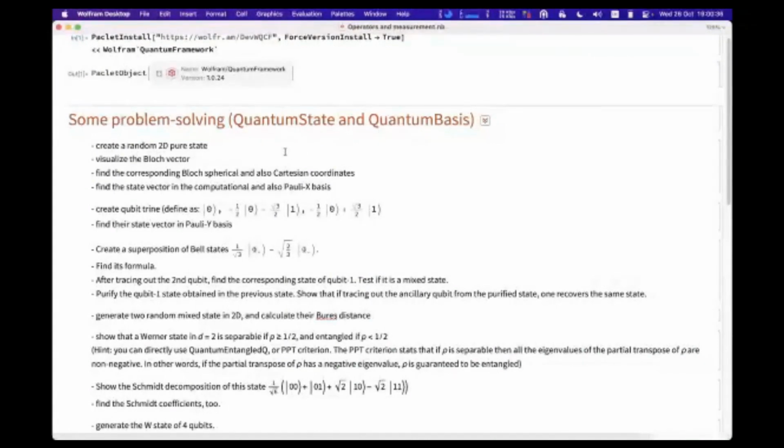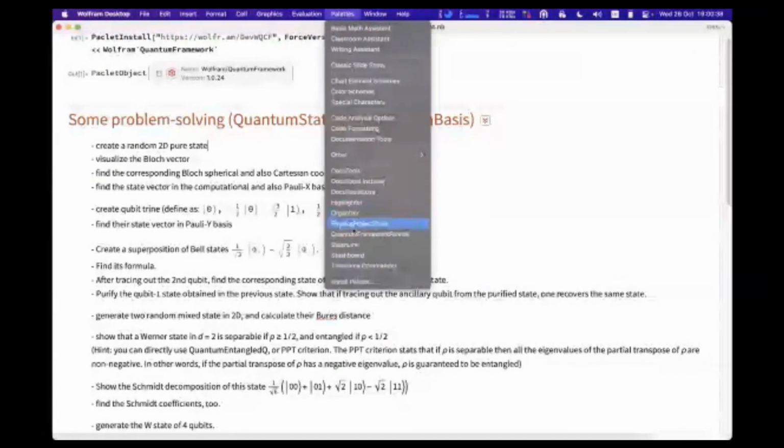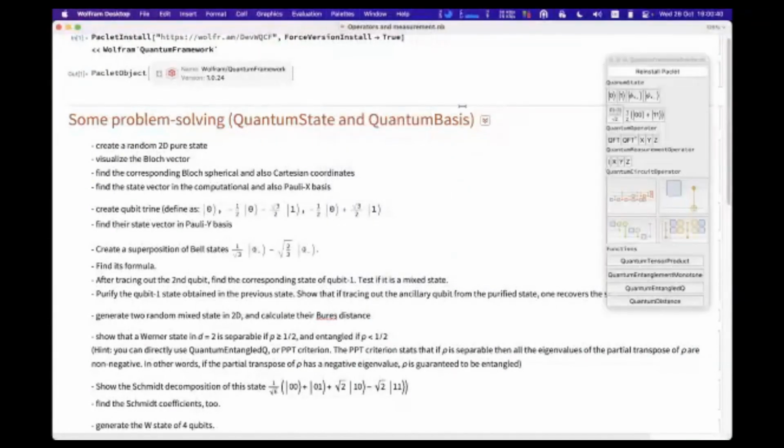By the way, what you just saw on the right side of the screen is a palette. Under the palettes, after installing the Quantum Paclet, you should be able to see that palette. Some of you asked how you can easily see the patterns for relevant definitions.